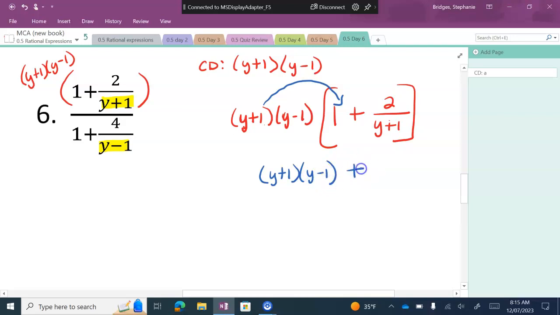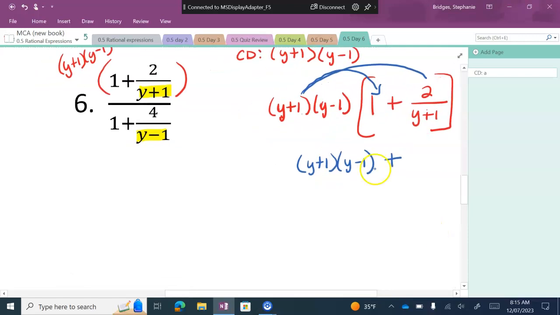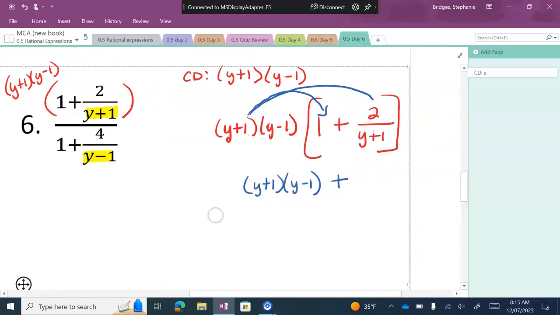I'm going to bring down my plus sign. And if I multiply this second part by those two, which part of it is going to actually cancel? Y plus 1s. So I'm going to have 2 times y minus 1 left. Let me show you that up here.